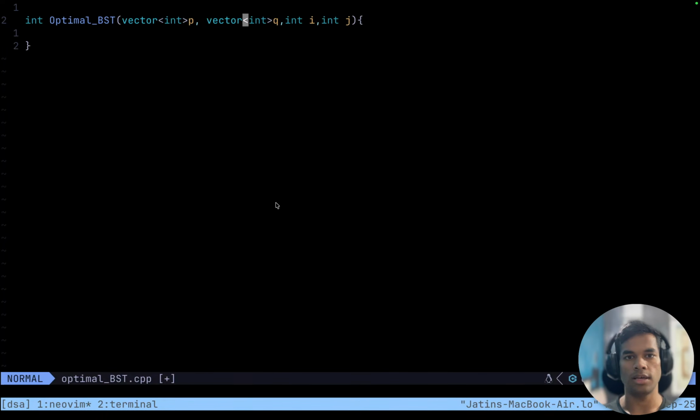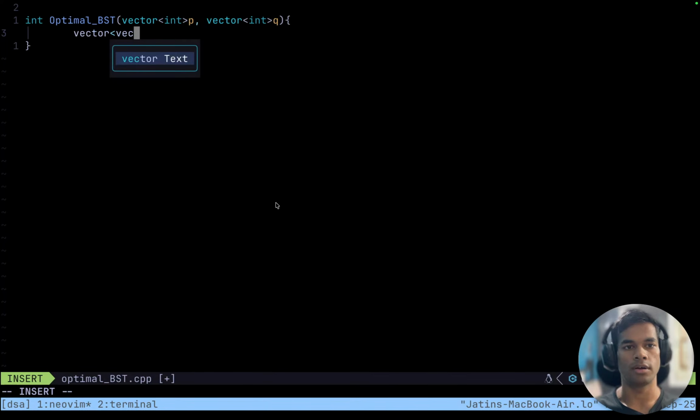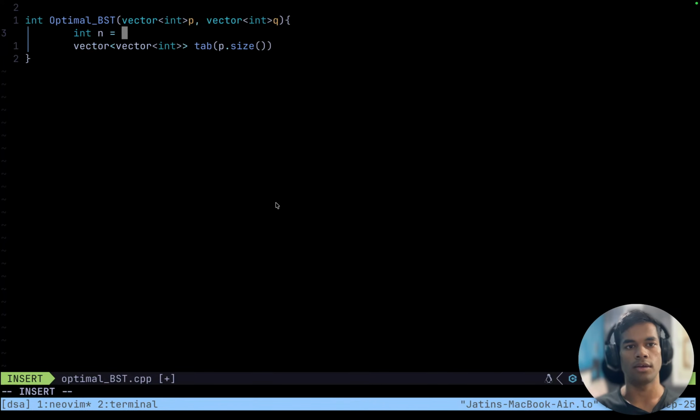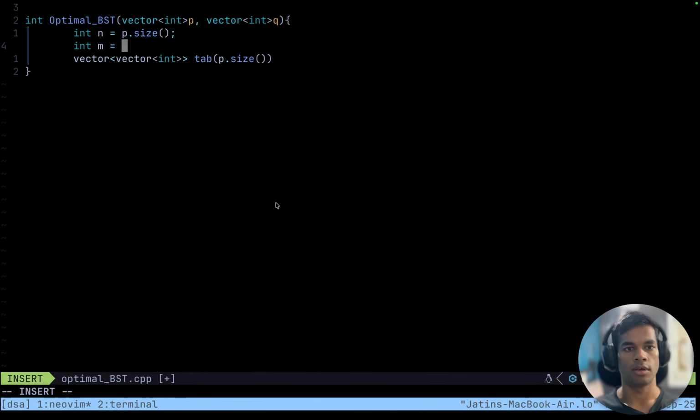So this will not take these i and j's. We will work with a vector of integers. You will call it tab, and the size. How are i and j going to range internally? Let's say int n equals p dot size and int m equals q dot size.